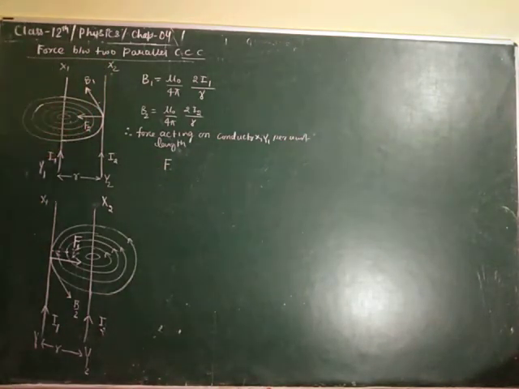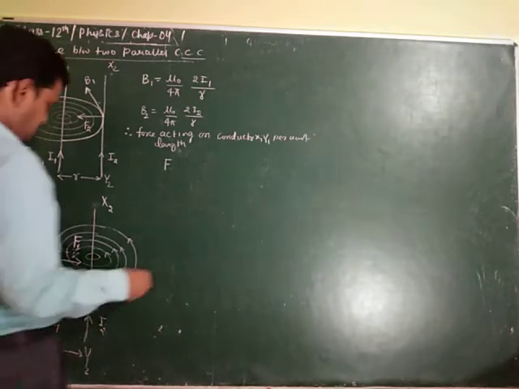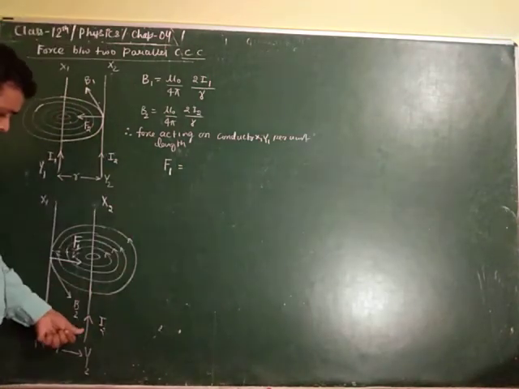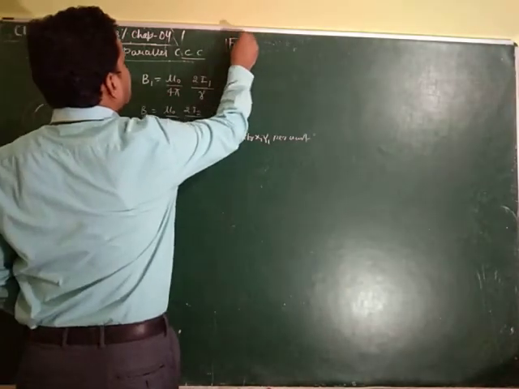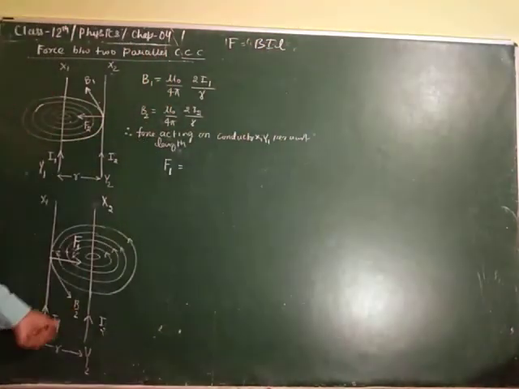So the force acting on this X1 Y1, what is it? F1. Okay, I will call this F1, and this force is due to the magnetic field of B2. So what is the formula of force? We have studied B I L sin theta, so 90 degrees is taken here because tangential, you will take 90 degrees.